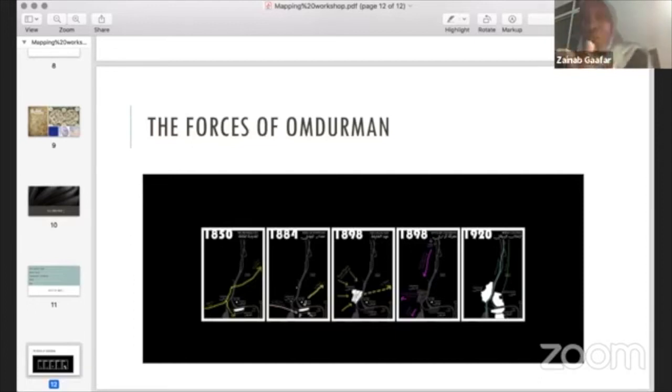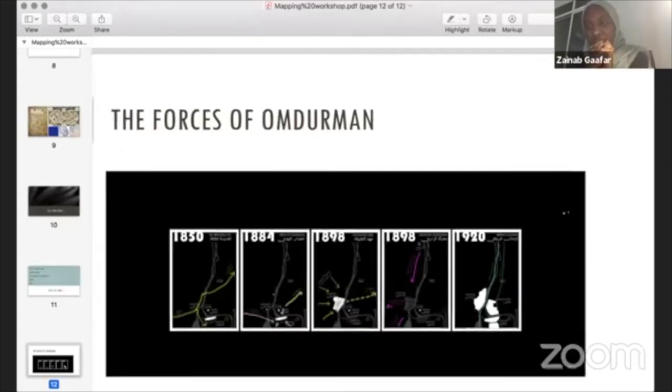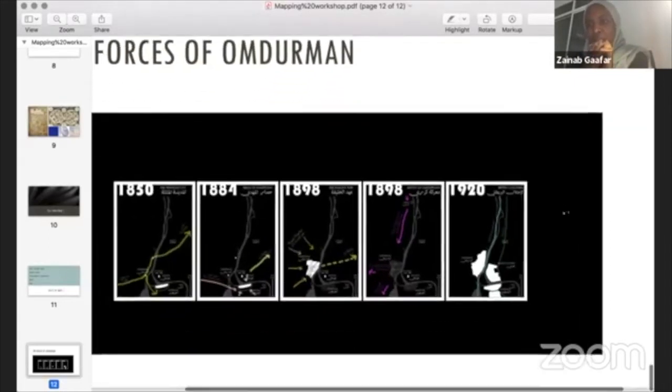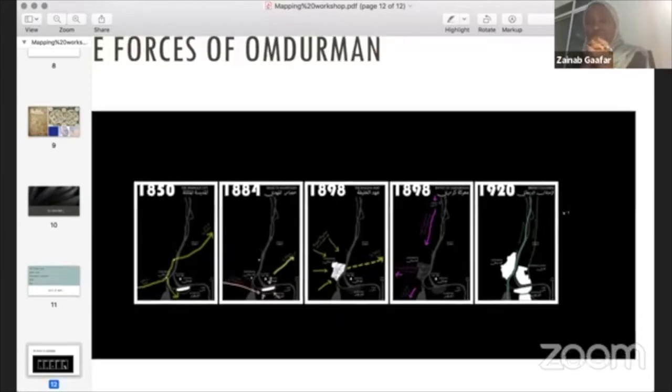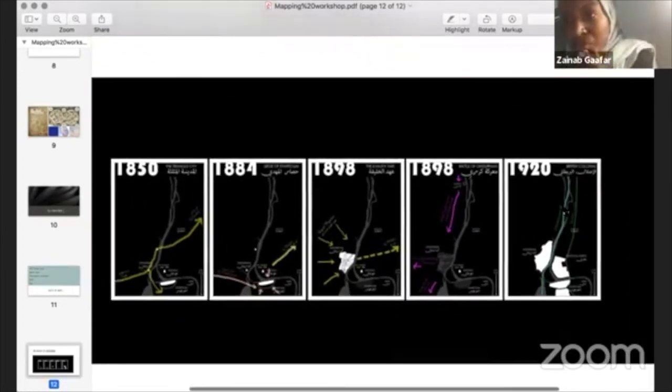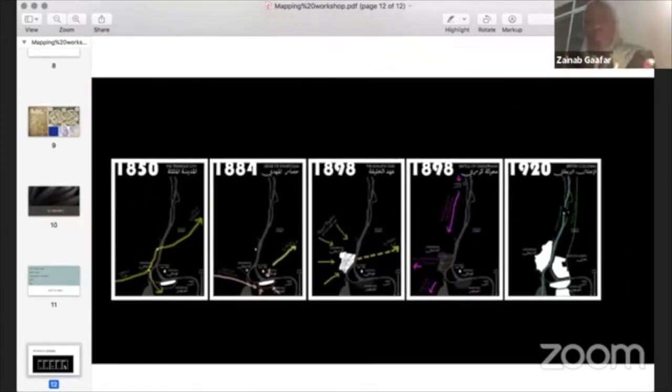Why I picked these specific maps to show you is because a museum is a place you go for storytelling, actually. And it was very interesting when we were asked to produce these maps, because they were supposed to tell a story of how Omdurman was created.